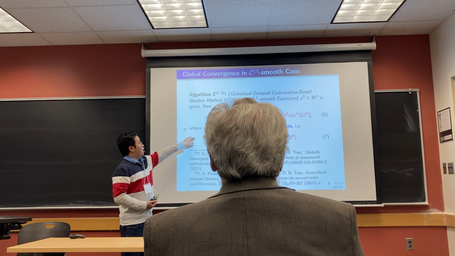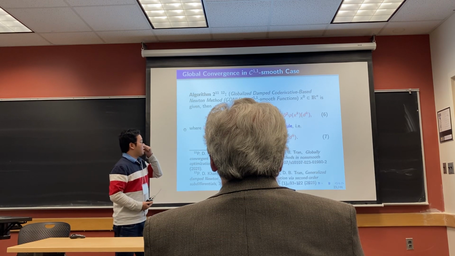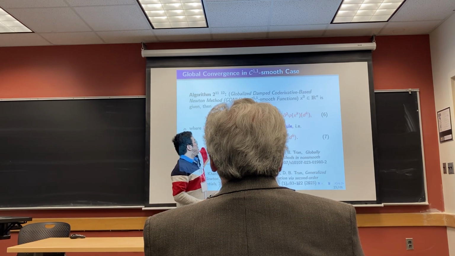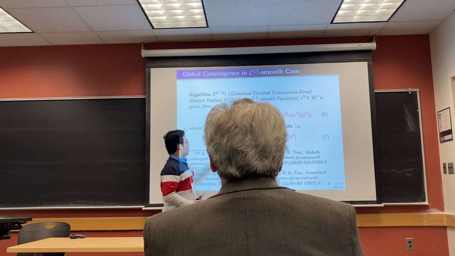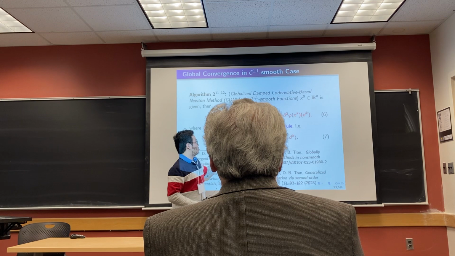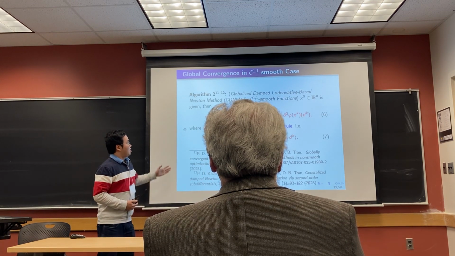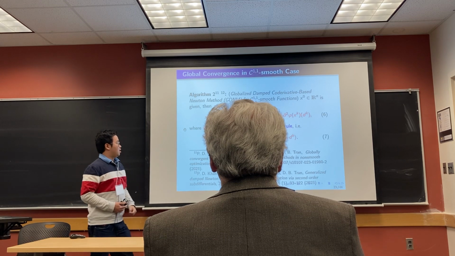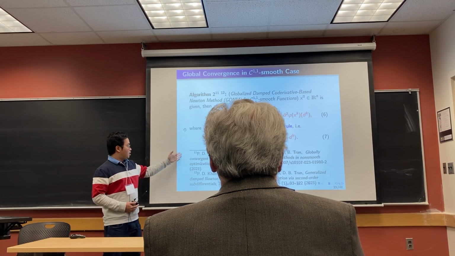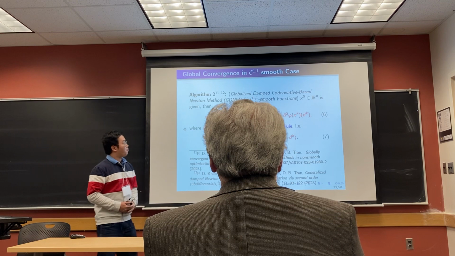Here is the line search. That means that in this step we replace t_k equal to 1 by t_k, and t_k here is chosen by an Armijo rule. And that is the algorithm established in our paper in Mathematical Programming.